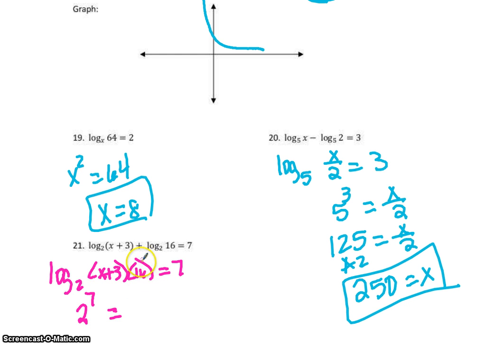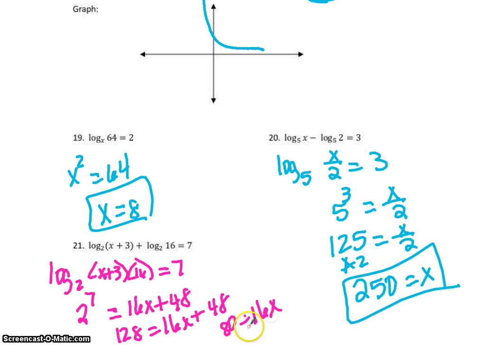If you want to distribute that, you get 16x plus 48. 2 to the 7th is 128 is equal to 16x plus 48. You can solve by hand, or you can put it in y1 and y2, whatever you want to do. I'm going to solve it by hand. When I subtract 48, I get 80 is equal to 16x, and I divide by 16, and I get 5 is equal to x. Okay, going to the next page.